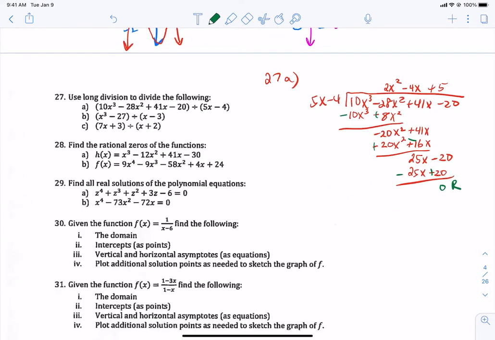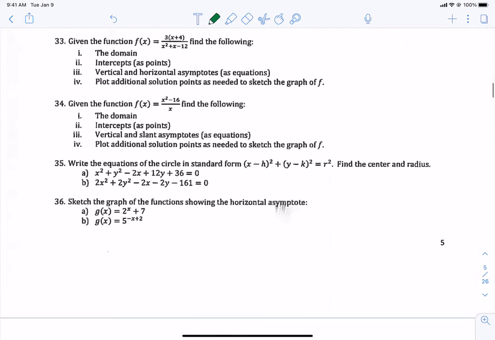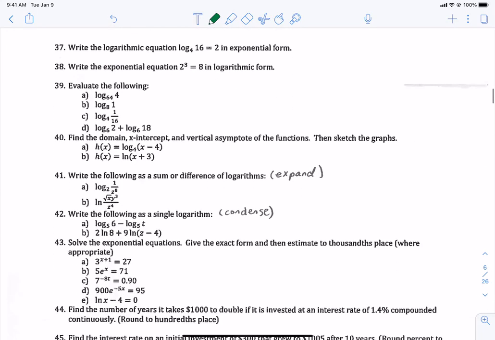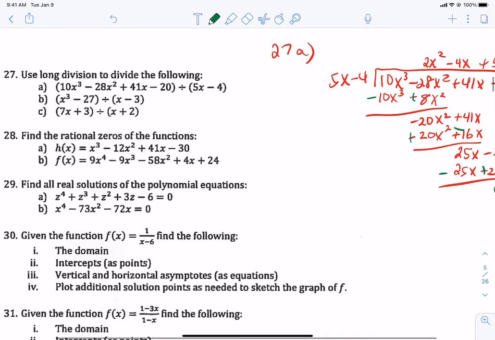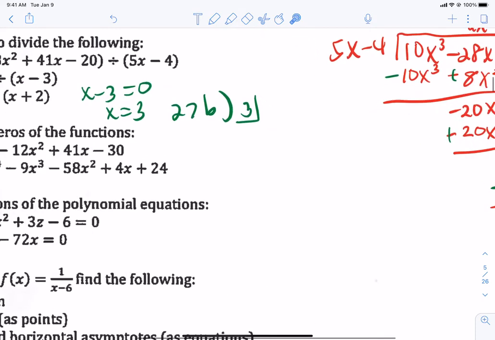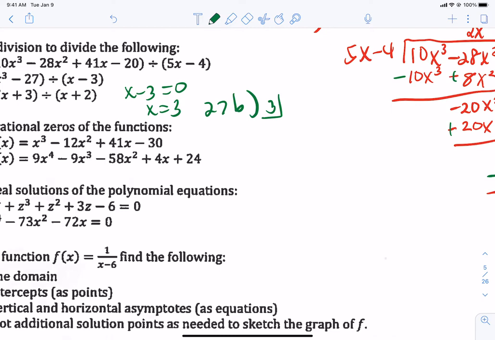Although they didn't ask, do they ask synthetic division somewhere? I don't know. Let's just do a synthetic division for 27b real quick. So it's a candidate because we've got that x minus 3. So you're going to put 3 in the corner. Do you see how our powers here are 3, but then there's no 2 and there's no 1? So we're going to put our coefficient of 1, then the squared, then the x, and then the 27.